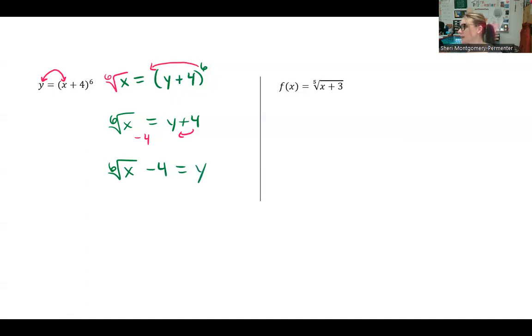The -4 cannot go underneath the square root because it's coming after we did the square root. So we switched x and y and we solved for y. What's my last step? Inverse notation?